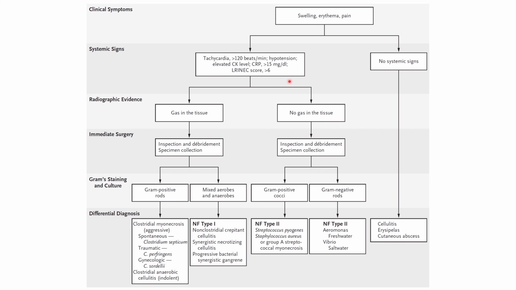But essentially, when necrotizing soft tissue infection is suspected, the team uses radiographic imaging to identify whether they can see gas. That's one thing that's done very early, because if gas is seen, that leads us to clostridial species, whereas if there is no gas, it's more likely to be streptococci and other organisms.